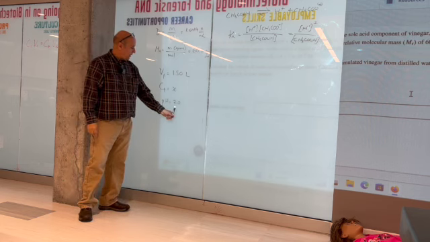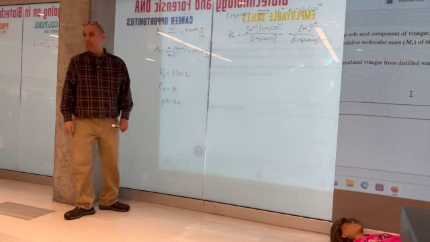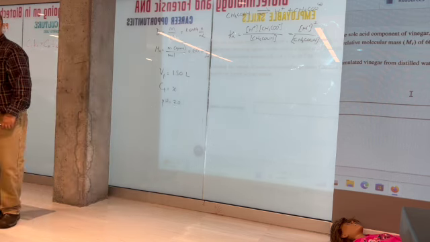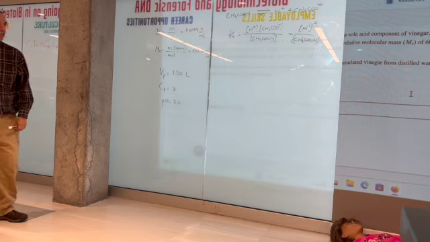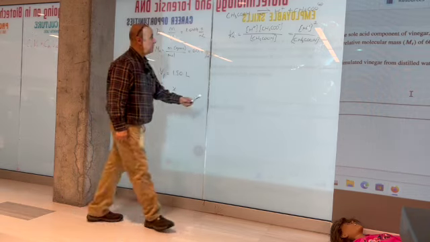This value right here, the pH value, is the value of the final solution of vinegar, right? So this is this concentration.